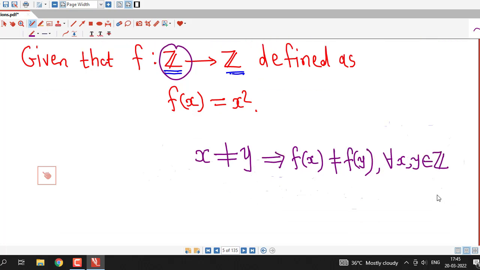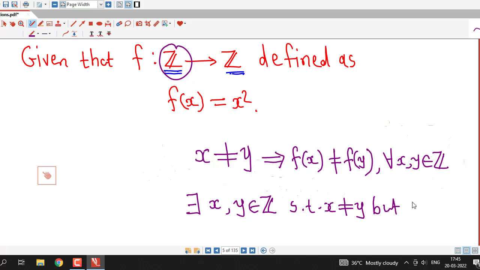So if we want to disprove that the function is one-to-one, we have to show the existence of x and y such that x is not equal to y but f(x) equal to f(y). f(x) is x square and f(y) is y square.